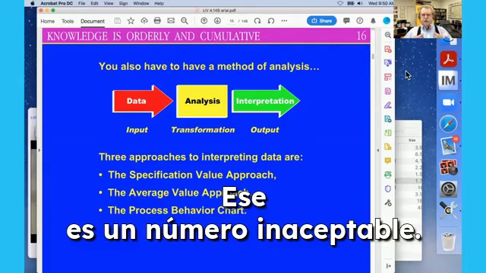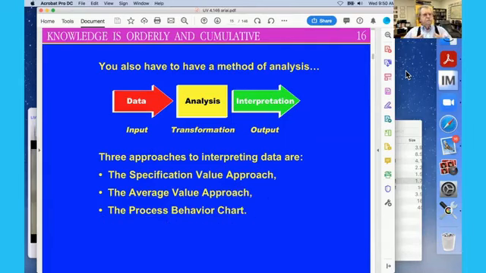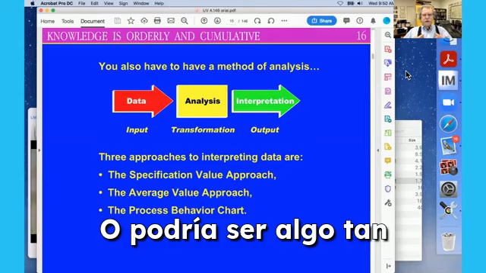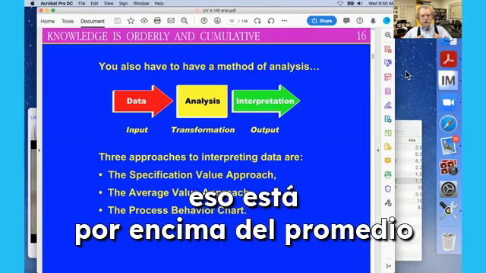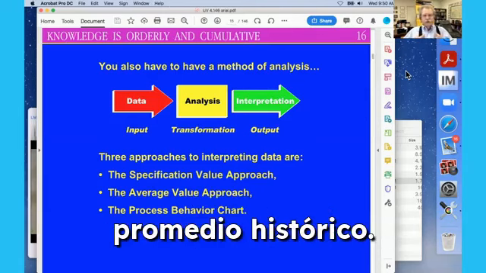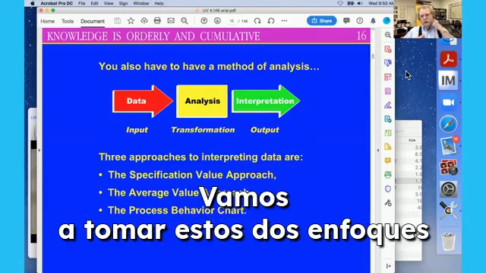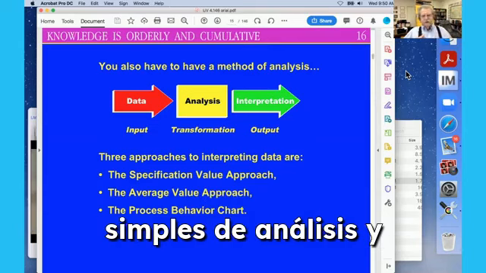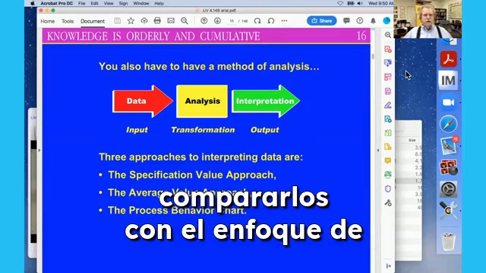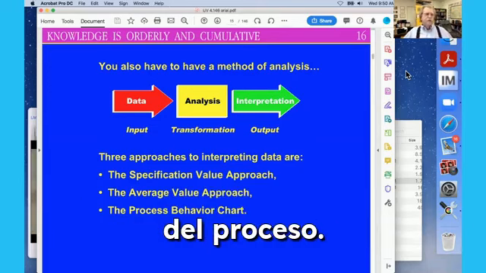That's an unacceptable number. Or it could be something as simple as, well, that's above average compared to the historical average. We're going to take these two simple approaches to analysis and compare them with the process behavior chart approach.